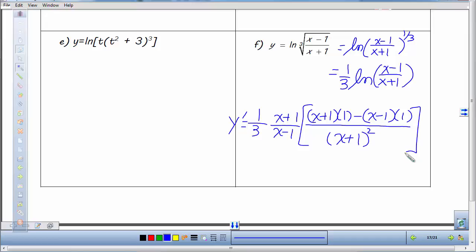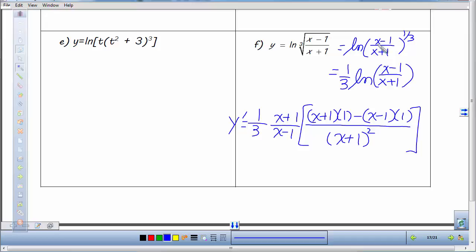Let's see, low d. Well, no. When I took the derivative of 1 over, then it became this. But in our original function, the low was x plus 1 and the high is x minus 1.